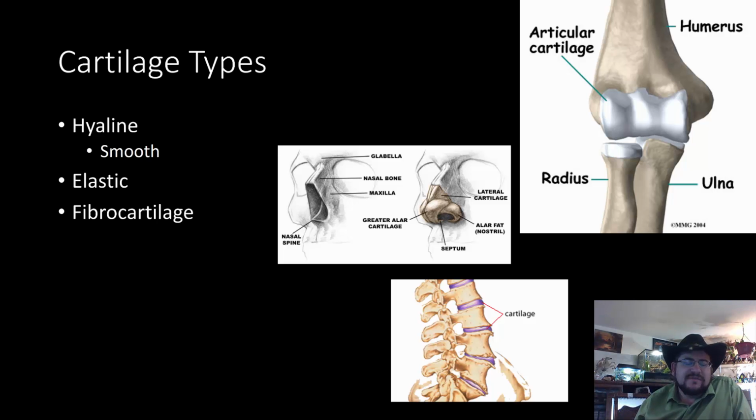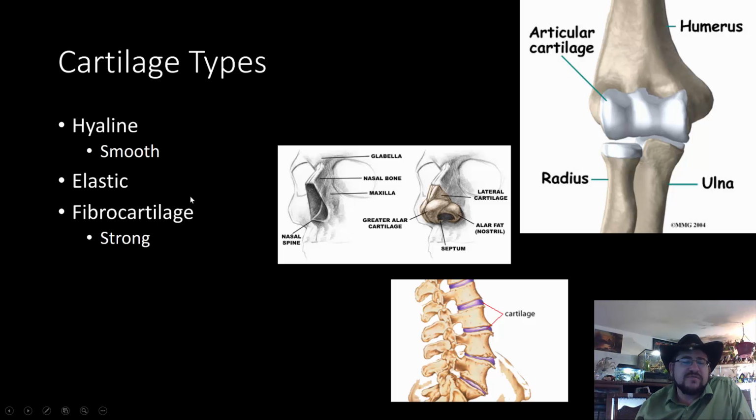Lastly, we have fibrocartilage. Fibrocartilage is extremely strong. It's got dense fibrous connective tissue in it, so it provides significant amounts of strength.